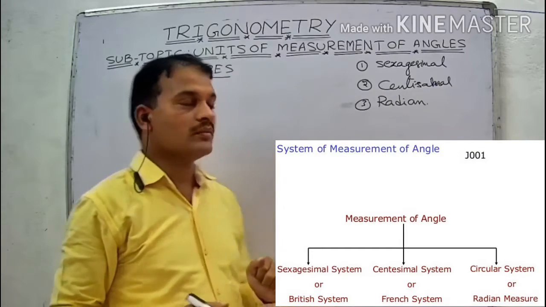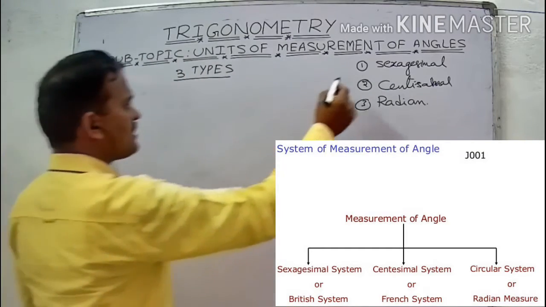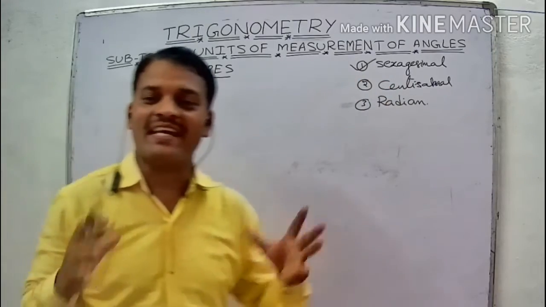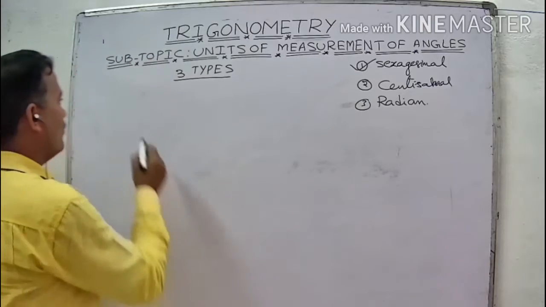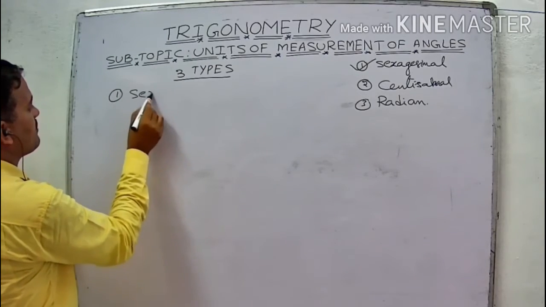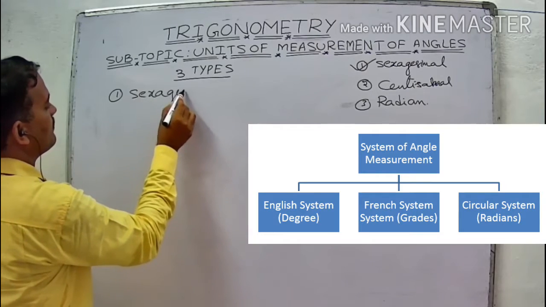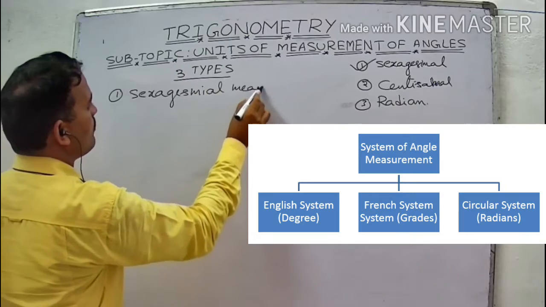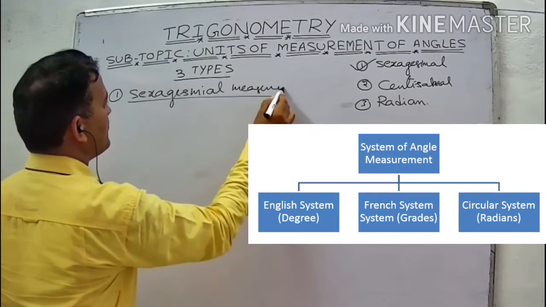Now first of all I am going to explain units of measurement of an angle. First one is sexagesimal measure. So what is the measure of this?